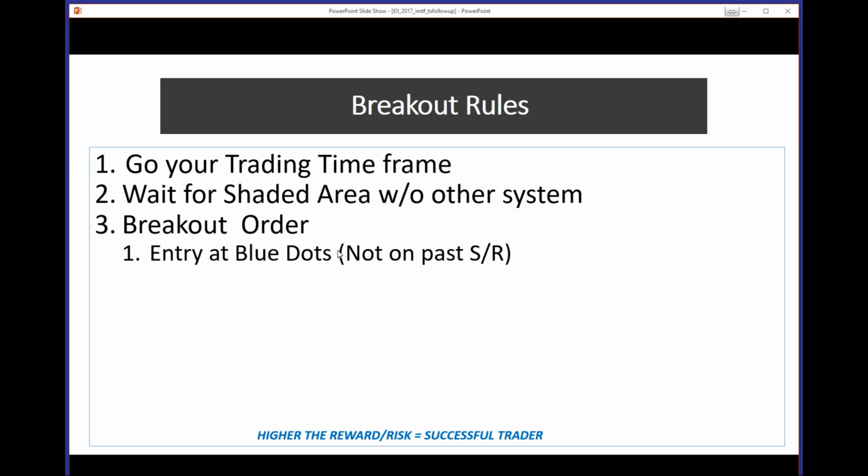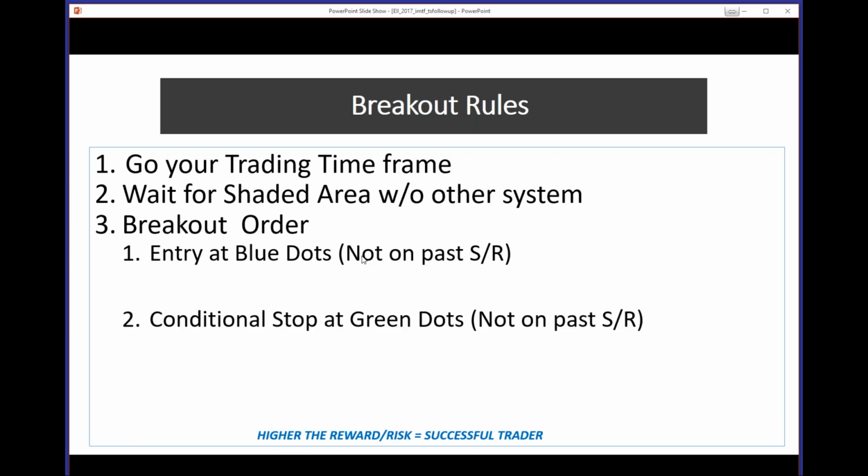So when you place your order at the blue dots, look backwards and make sure that your buy stop order or your sell stop order at the blue dots are not sitting on existing support resistances. If it is, and it's bullish, move it up a little higher. If it's bearish, move it down a little lower. So make sure the blue dots are not sitting on existing support resistances in the past. If so, just move it off a little.